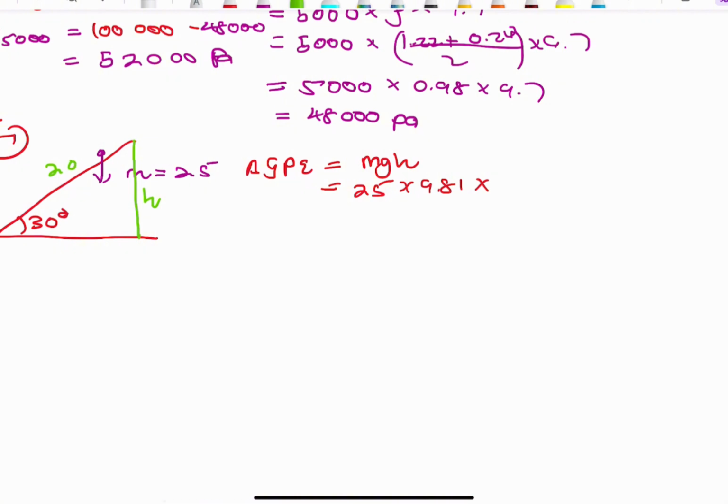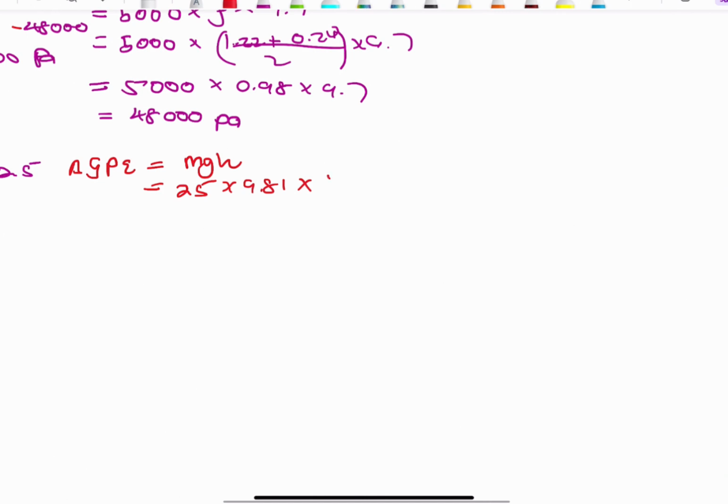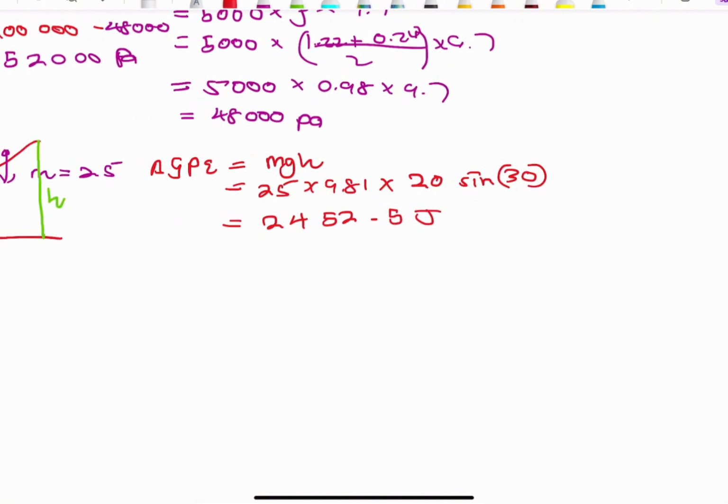So how do you find h? It's actually 20 sine of 30. So it's going to be 20 sine of 30. And that's going to give us an answer of 2,452.5 joules. That is my gravitational potential energy.